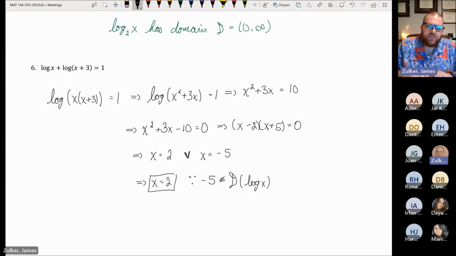It has to be in both. And specifically speaking, it has to be in the domain of every function that's involved. Are there any questions?